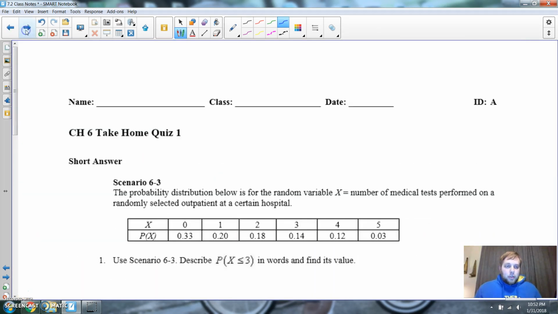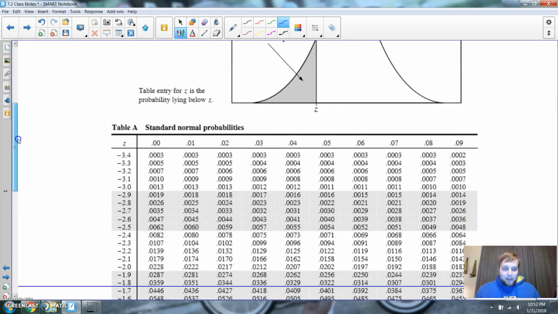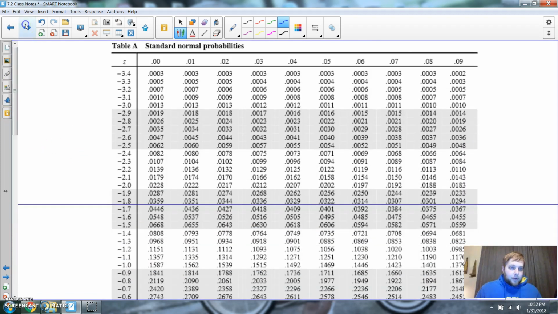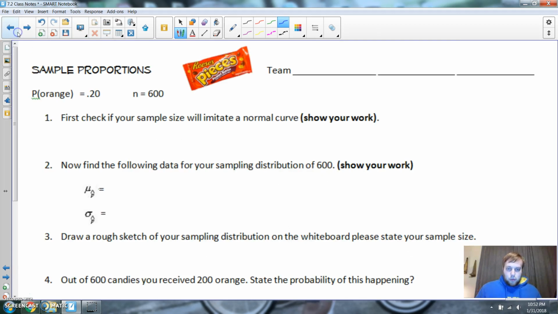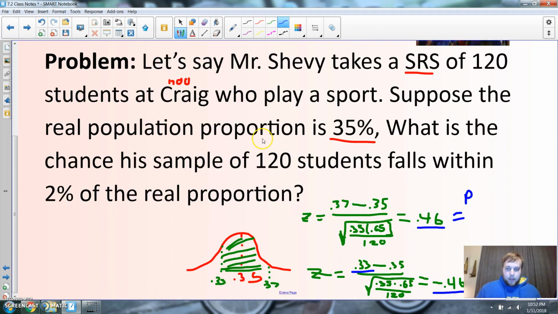So I've got my normal curve right here, and I'm looking for 0.46. I'm going to look at my high first. 0.46 would be right here, 0.6772.